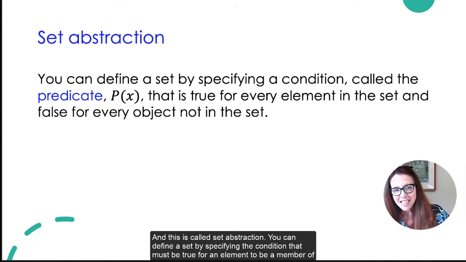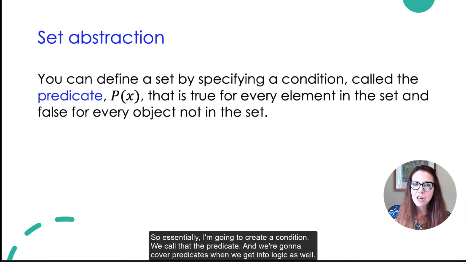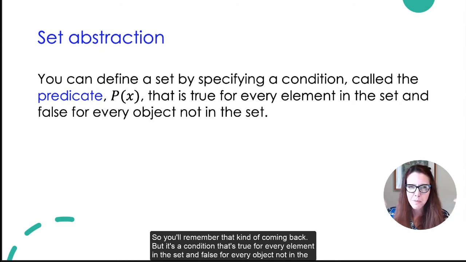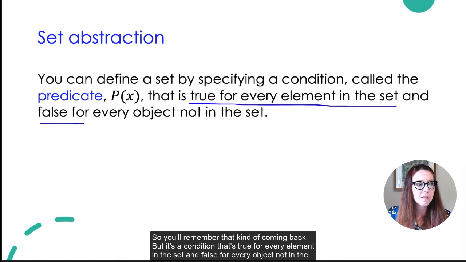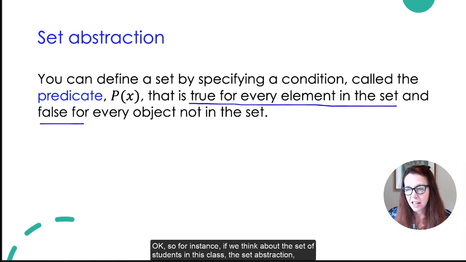You can define a set by specifying the condition that must be true for an element to be a member of it. So essentially, I'm going to create a condition. We call that the predicate, and we're going to cover predicates when we get into logic as well. So you'll remember that kind of coming back. But it's a condition that's true for every element in the set and false for every object not in the set.